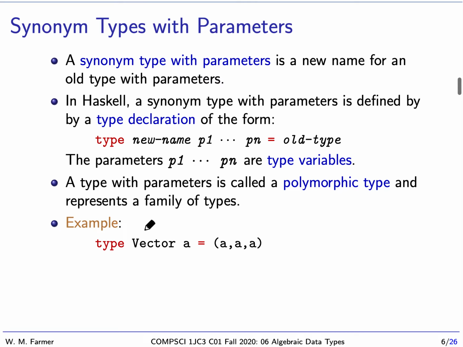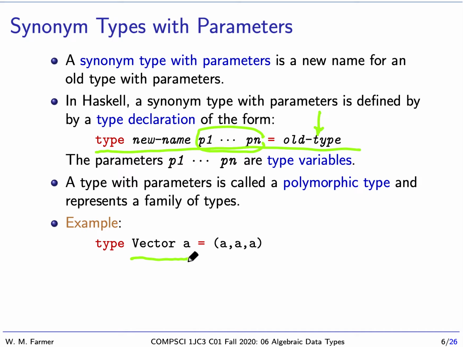Now, what's nice about synonym types is these types can have parameters. So I can have a type declaration like this, and I can list parameters, and these parameters presumably occur in my old type. Everything works the same, and this gives us a polymorphic type. So the new type is a name for a whole family of types. So here's an example, similar to the one before.